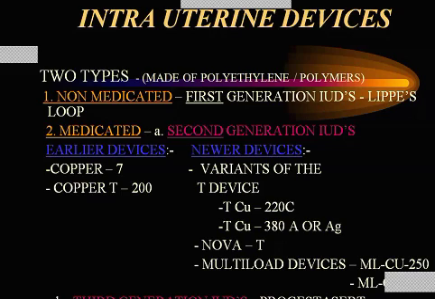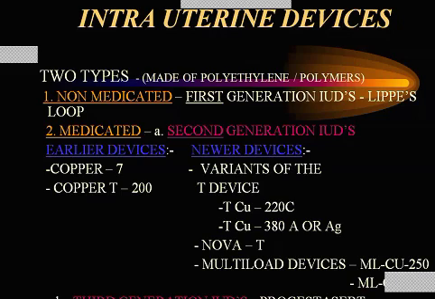The metal ion commonly used is copper. If copper or silver is added to the device, they are called second generation IUDs. If hormones are added to the device, they are called third generation IUDs.